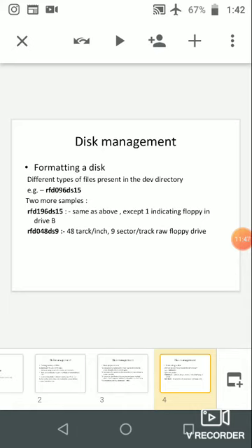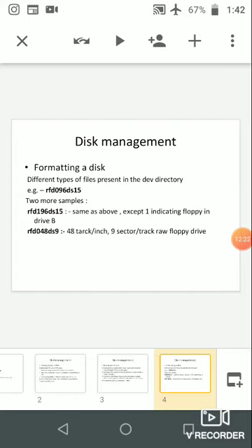Then 096: 0 indicates floppy drive A, and 96 indicates how many tracks there are per inch. So here 0 indicates the drive, that is drive A, and 96 indicates how many tracks there are per inch.